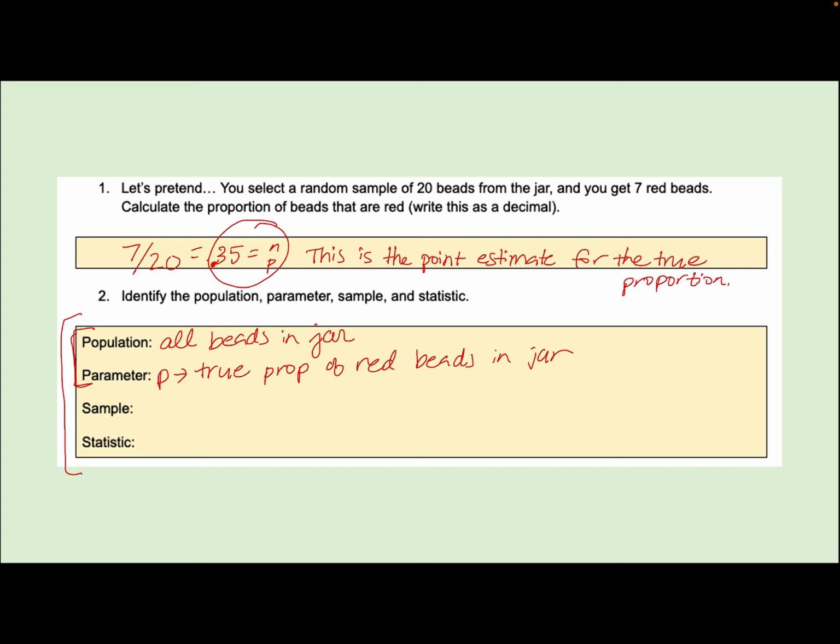And these go together, and it's useful that they both start with P. Sample is the 20 beads you pretended to pick. The statistic is p hat. It's 0.35. It's the point estimate. So these are just a few different ways we can describe it. It's basically the proportion from your sample. So sample and statistic go together. Those also both start with S, so it's sort of helpful to remember.